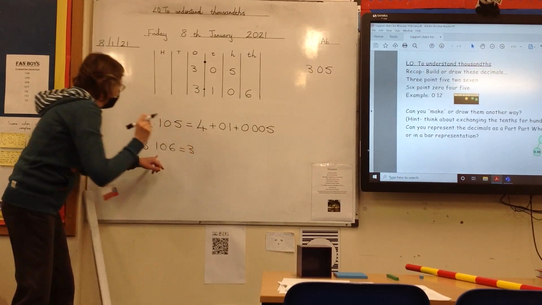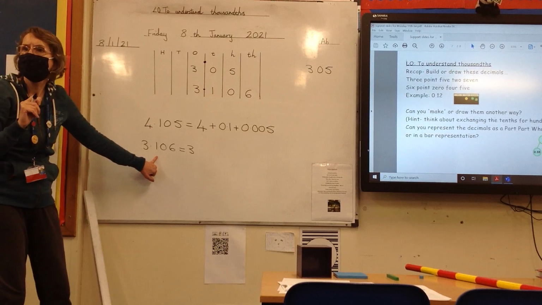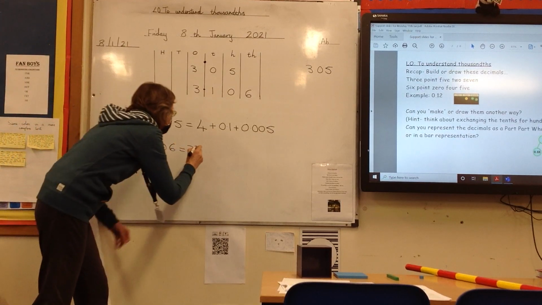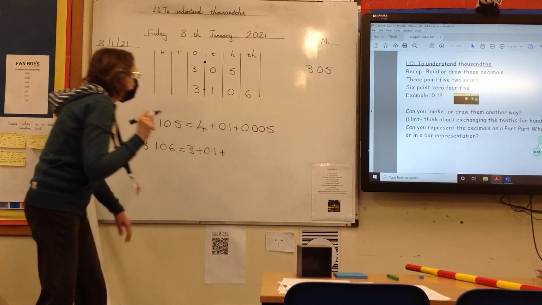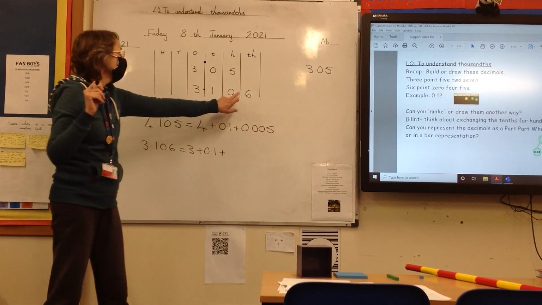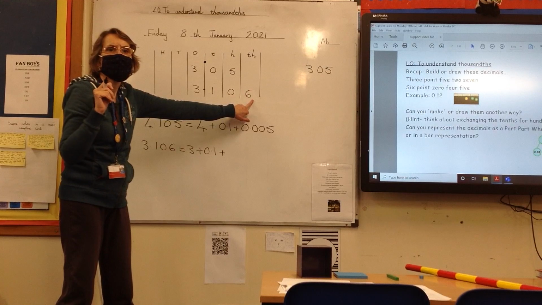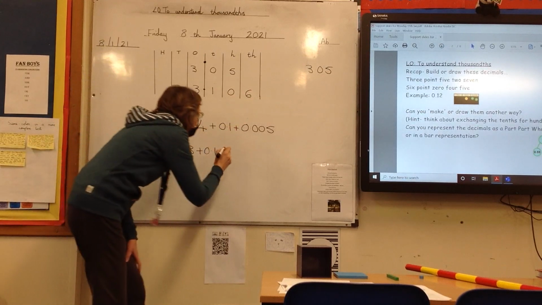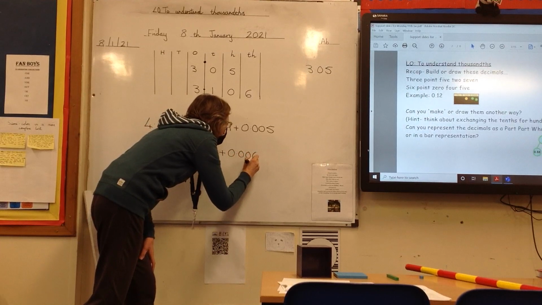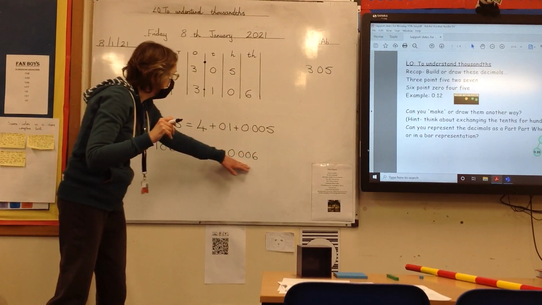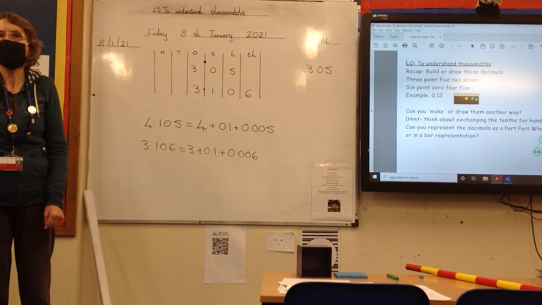How many tenths have we got? 1. 1 tenth. How many hundredths have we got? 0. None. And what's that one? 6 thousandths. Good. Right, so we've partitioned that number into its different parts. Everybody all right with that?